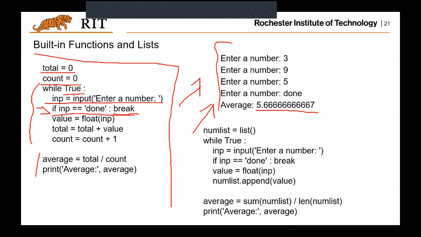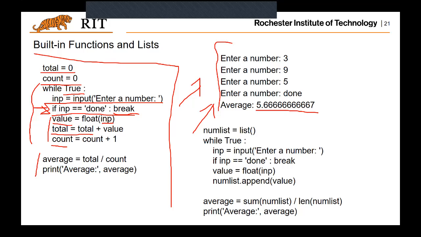But if the user's input is not done, the following lines inside the while will be executed once and once again. In this case, first convert the user's input to a floating number and add it to the total variable. That means we are computing the summation.